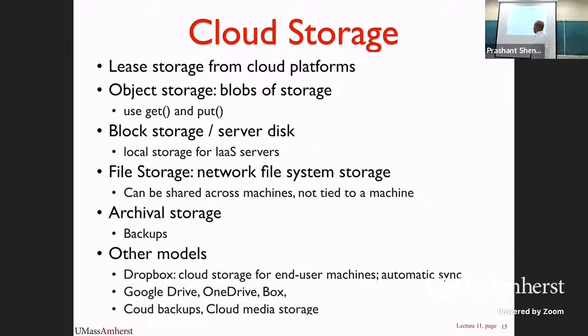Here you are just getting storage. And then you can get cloud backups, where you just back up a machine to the cloud. You can get cloud media storage. You can get photo storage to keep all the photos you take on your smartphone in the cloud. So there are all kinds of other storage models for the cloud that are for more specialized needs as opposed to general purpose needs.